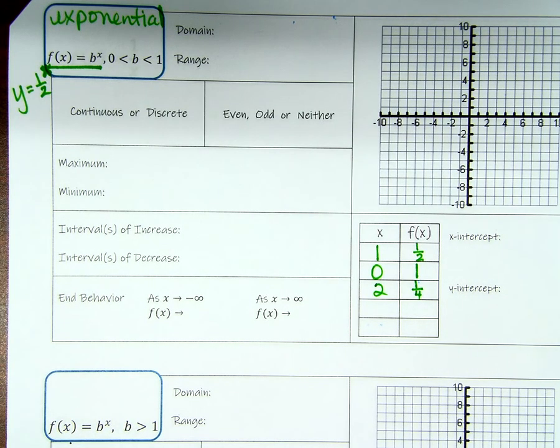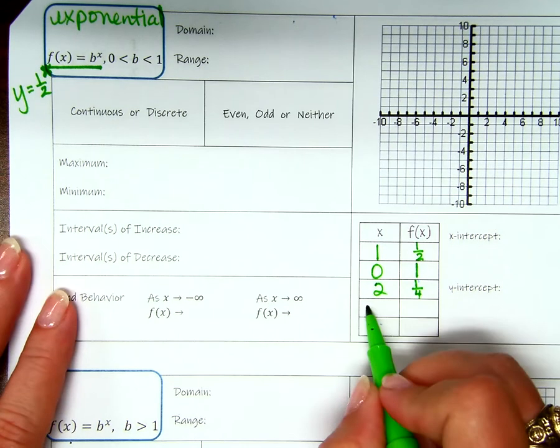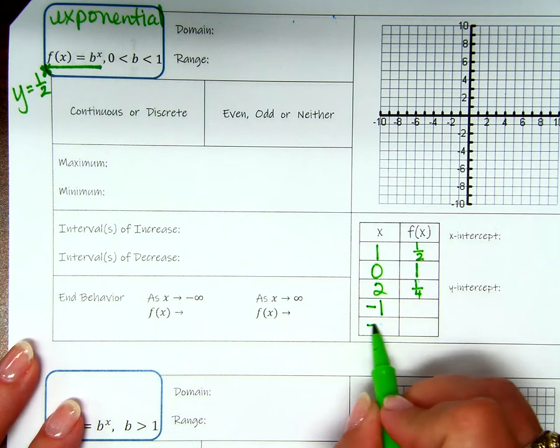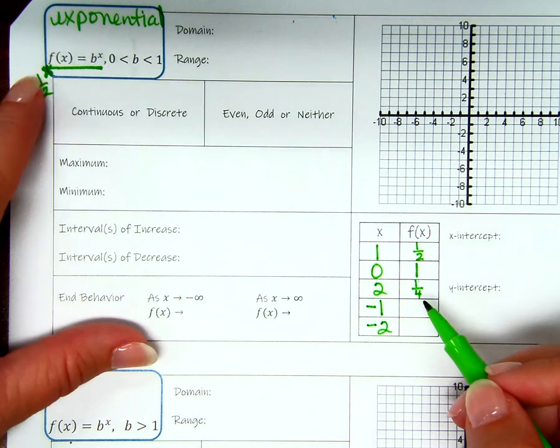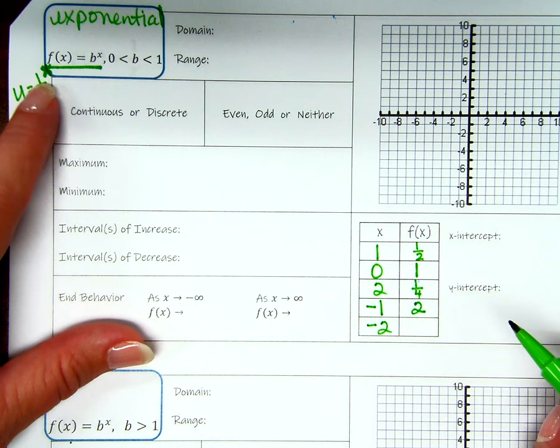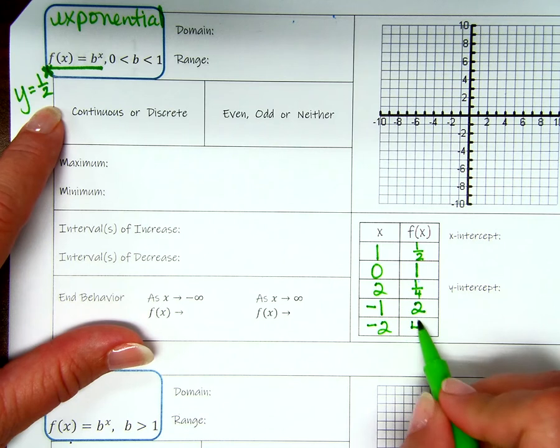And then usually at what other kind of values do I like you to get into the table? Maybe some negative values? So here's where you may need to trust me a little bit. Because if I choose -1 and -2, I need to tell you that 1/2 to the -1 power is 2. And 1/2 to the -2 power is 4.